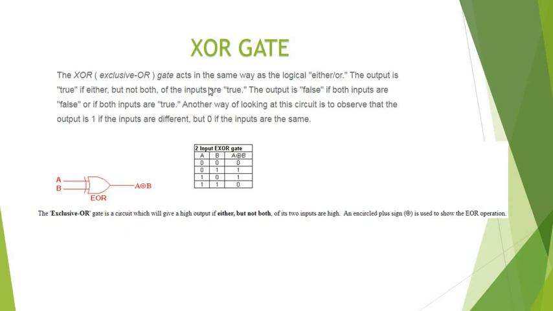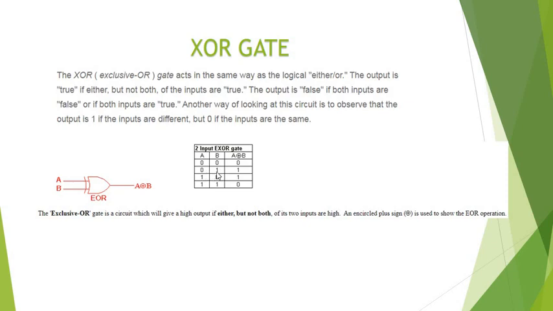Now this is a gate that I have not taught you. These are two gates that are exclusively OR. I want you to pause this video and see what it says about it. It says that the gate acts the same way as a logical either-or. So the output is true if either but not both.